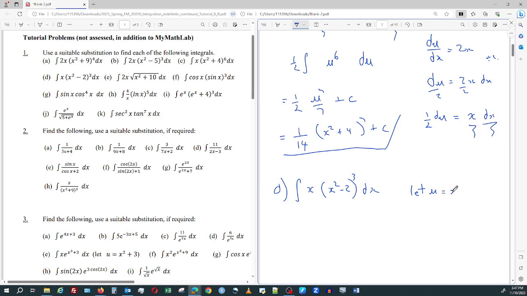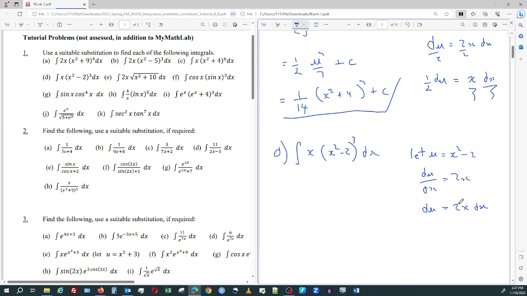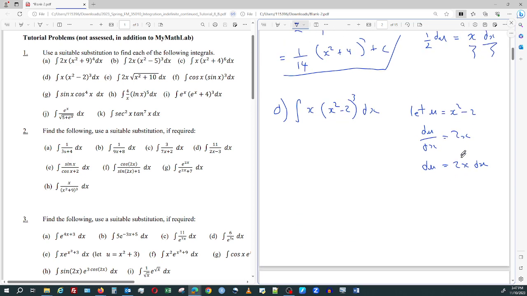Okay, x squared minus 2, staying in the column, du/dx is equal to 2x, putting the dx over and asking the question, are you there? dx? Yep. 2x? Nope. Further manipulation is required. So 1/2 du is equal to x dx.